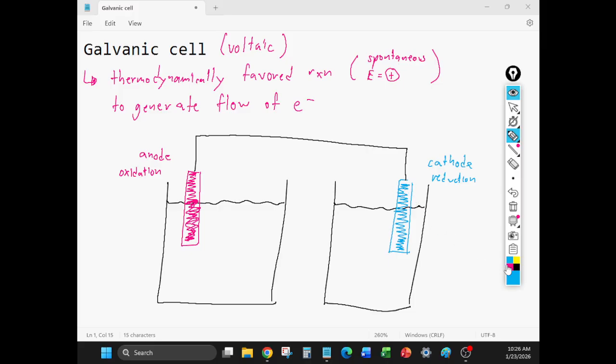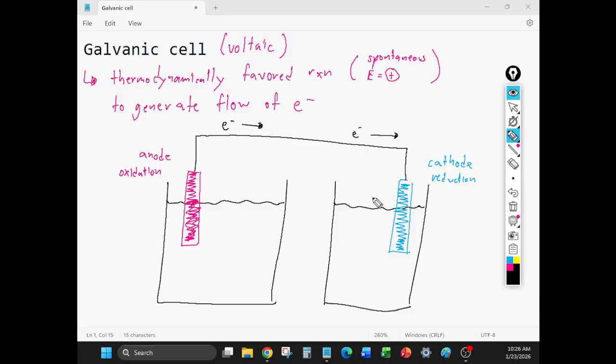The metal here is going to gain electrons. So basically the electrons are going to move from the anode into the cathode, right? Because the anode loses electrons, it's oxidized. Remember OIL RIG? Oxidation is loss of electrons, and the cathode is reduced, so it gains electrons.